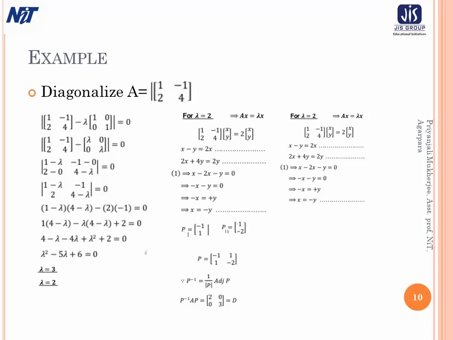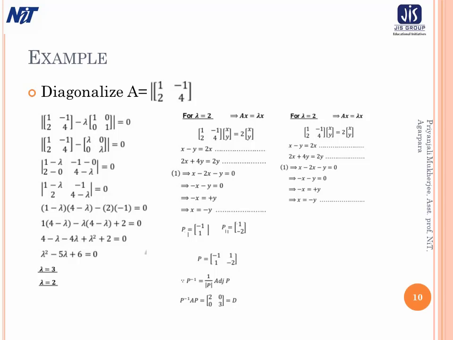If we perform A minus lambda I, it gives us 1 minus lambda, minus 1, 2 and 4 minus lambda equal to 0. Now we have to find the determinant of this. It gives the result lambda square minus 5 lambda plus 6 equal to 0. This is the characteristic equation of the given system.